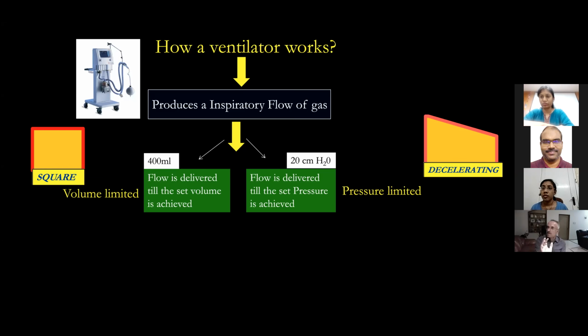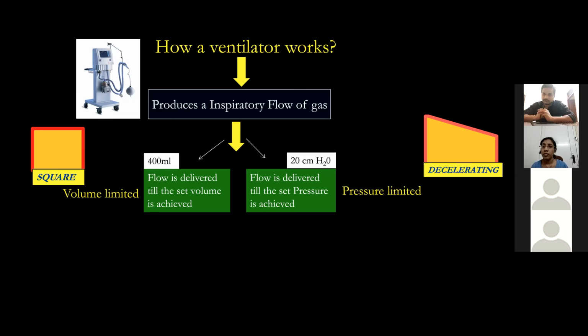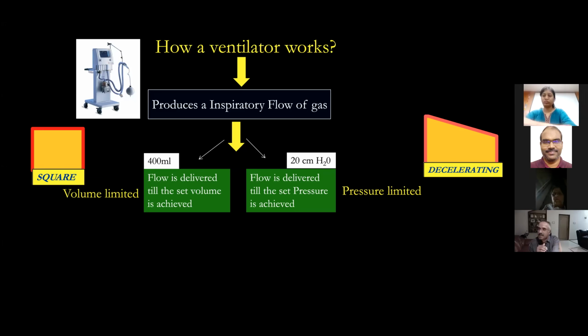Once the pressure reaches 20 centimeters, it doesn't want to give more flow. It starts decreasing the flow because the pressure is preset. It can't increase the pressure more than 20 centimeters. Understood? So in a volume ventilation, the flow is fixed. In a pressure ventilation, initially the flow is high, then it decelerates. So it is more comfortable to the patient.